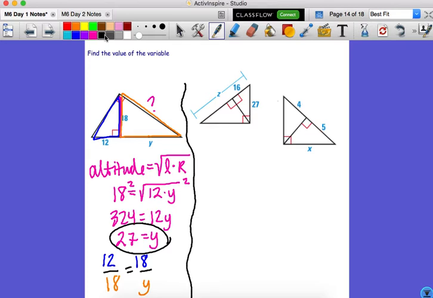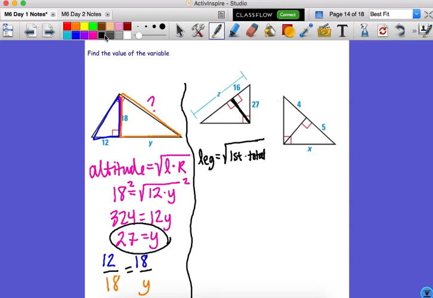For the next one, I notice that there's no marking whatsoever for the altitude. So I can't use the altitude splits rule. So I can either use the legs round rule, or I can use my similar triangles. So the legs round rule says the leg equals the square root of the first number we hit when we round the corner to the hypotenuse times the total.